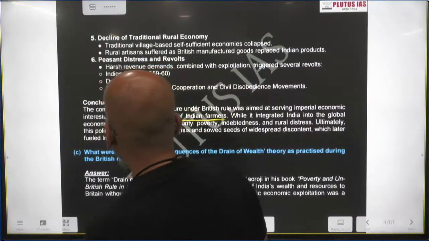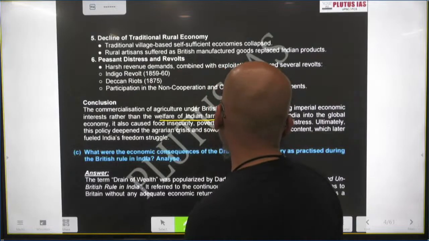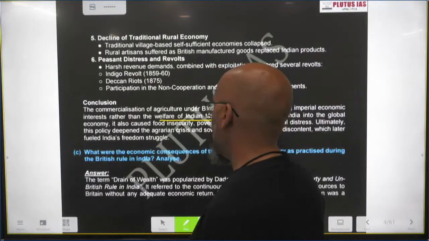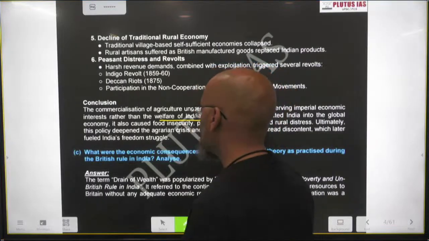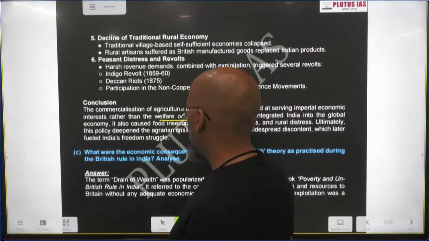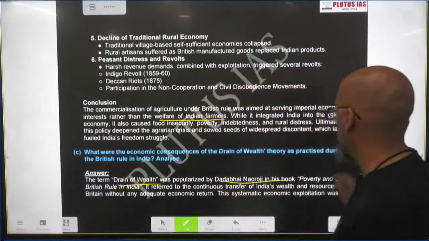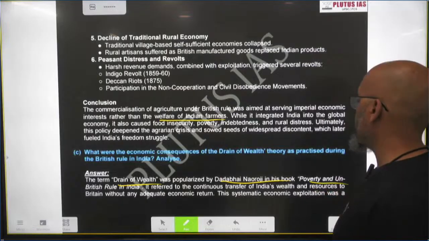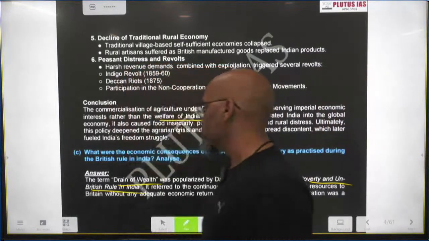Next is, what were the economic consequences of drain of wealth theory as practiced during the British rule in India? Analyzed. So the term drain of wealth was popularized by Dadabhai Naoroji in his book Poverty and Un-British Rule in India.